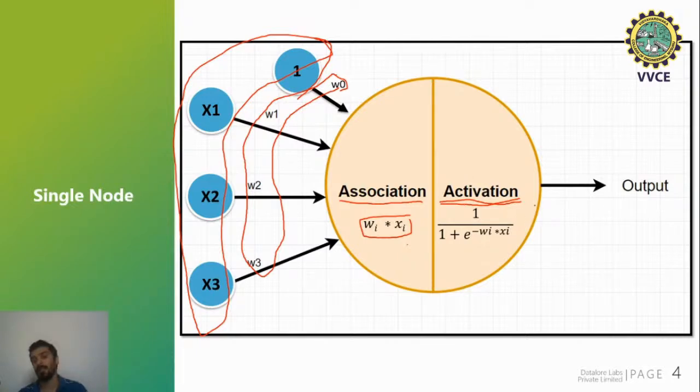That is your activation function. One of the simplest activation functions is the sigmoid activation function. It is exactly the same equation as logistic regression. If you remember, the equation is 1 divided by 1 plus e power minus some value. What is this value? We are just passing the output of the association function here, and that is your activation output.